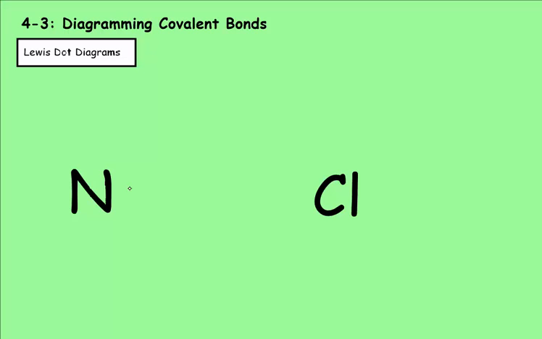A nitrogen atom, for example: nitrogen is in group 15, so that means it would have 5 valence electrons. As I draw those 5 electrons surrounding this nitrogen atom, I just want you to observe the pattern that I use. I have 1, 2, 3, 4.